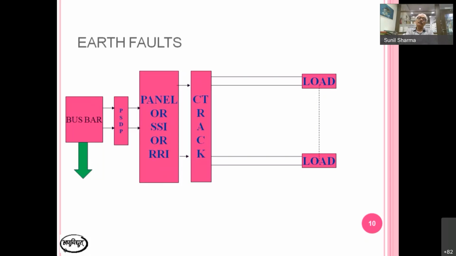And most of the time, earth fault is due to this, because it is waiting for the next place where it will get and strike. If it does not exist, this leakage can also be prevented, otherwise not. So please understand what I want to say.